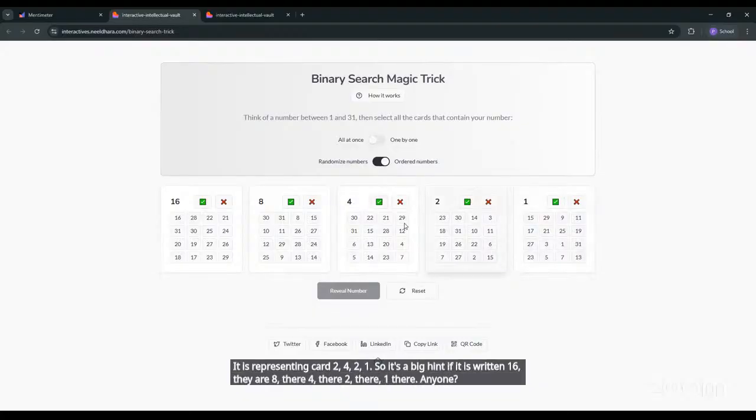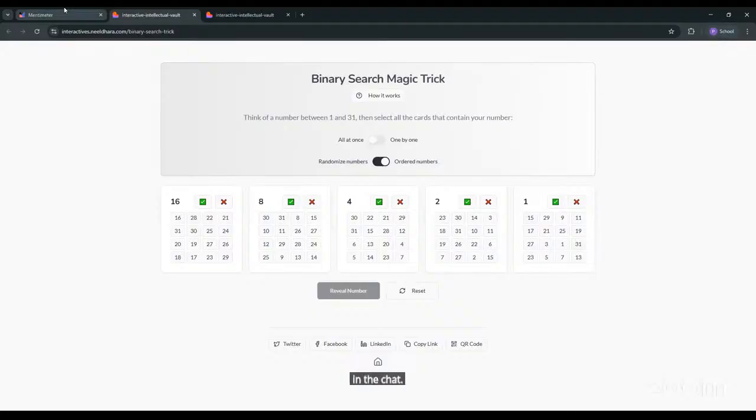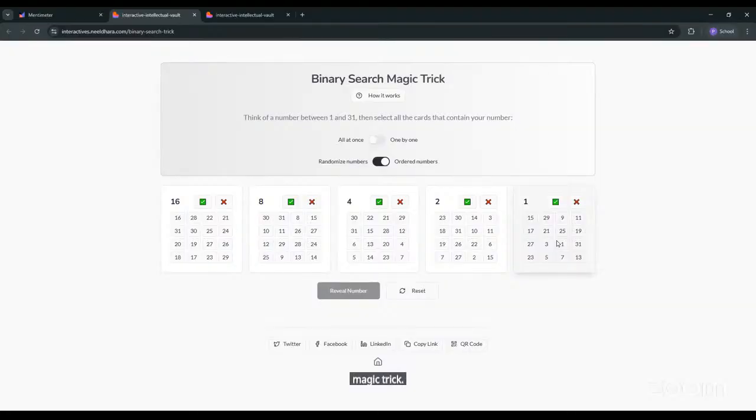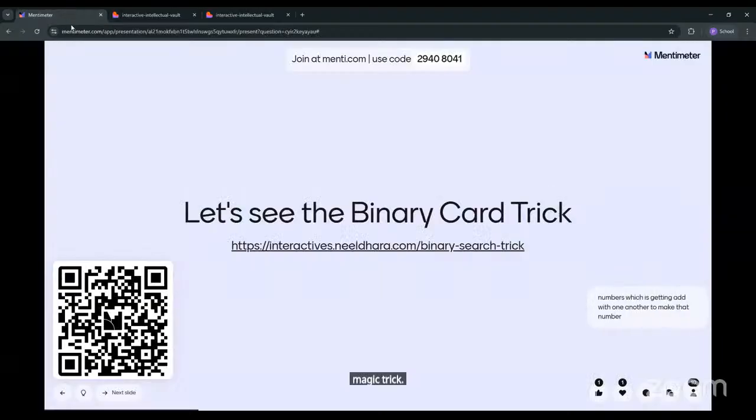Anyone in the chat, if they know why these numbers are in the 16 card, and these numbers are in the 8 card, 4 card, 2 card, 1 card? How are they presenting these numbers? What's behind the scenes for this binary magic trick? Okay, people are writing here.